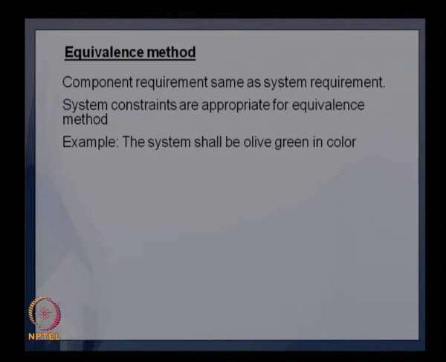So we use the equivalence method to allocate constraints to the components. For example, if a requirement says the system shall be olive green in color, then we need to make sure that all the components are of the same color. This is known as a simple equivalence method of allocation.